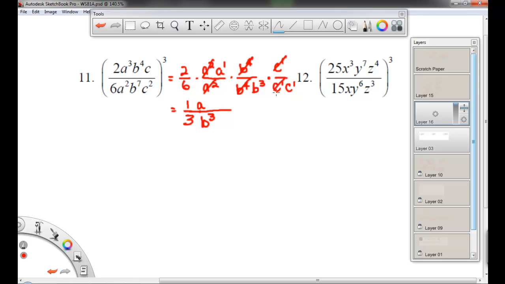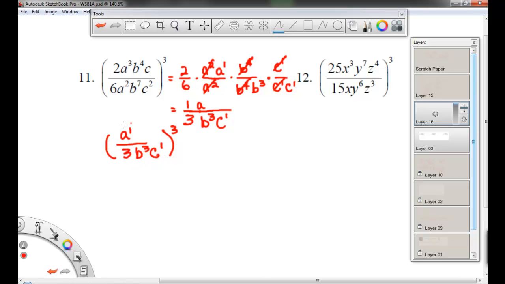And then c to the first cancels on the top and the bottom, so I just have c to the first also in the denominator. Now this will become a to the first over 3b to the third c to the first, and it's all raised to the third power.